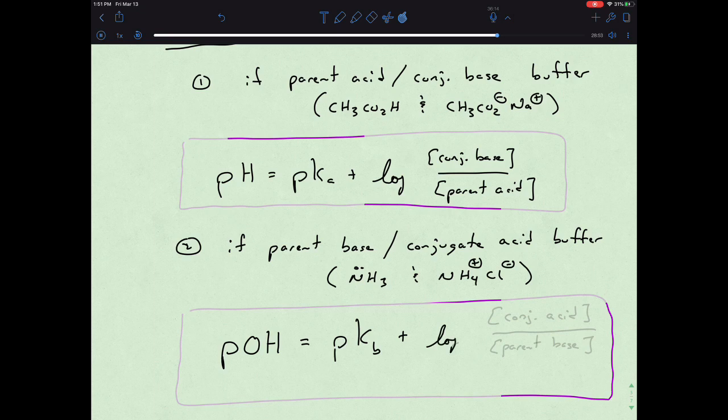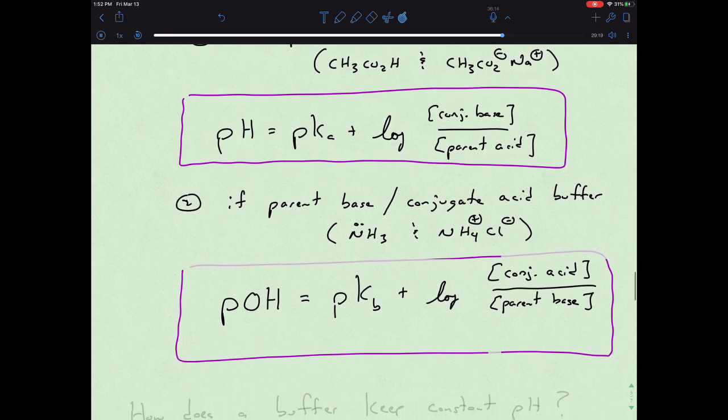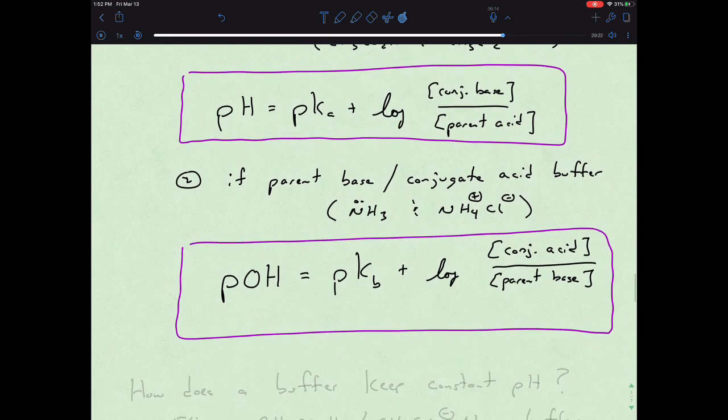But we still have the same idea of the ratio in terms of that logarithm, that we're going to have the conjugate on the top or in the numerator, and then the parent, in this case the parent base, in the denominator. So those are our two Henderson-Hasselbalch equations, one for pH and one for pOH.